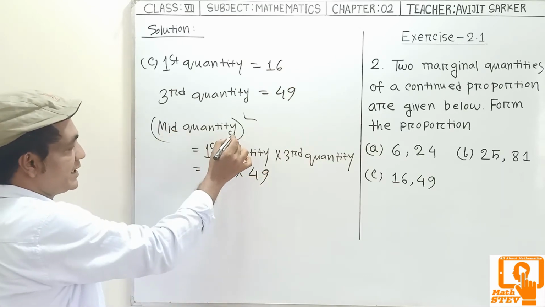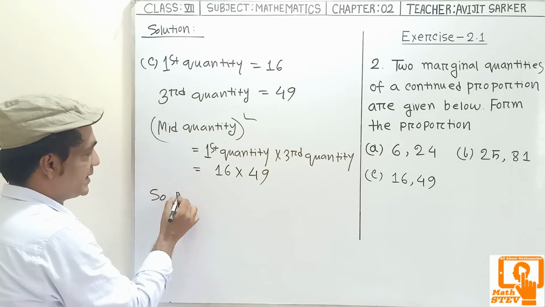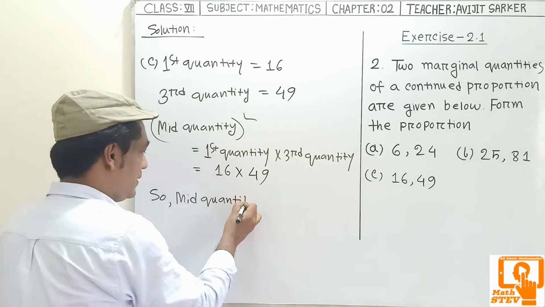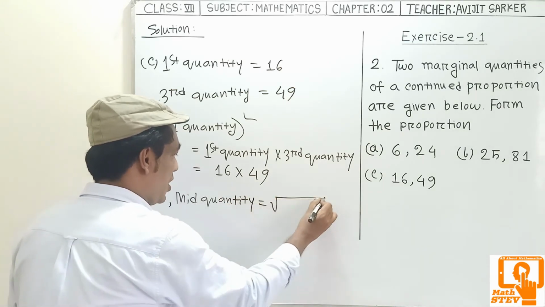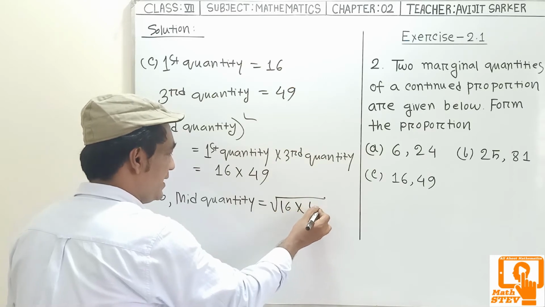Mid quantity square equals this. So, what is the mid quantity? Mid quantity equals square root of this, that means 16 multiplied by 49.